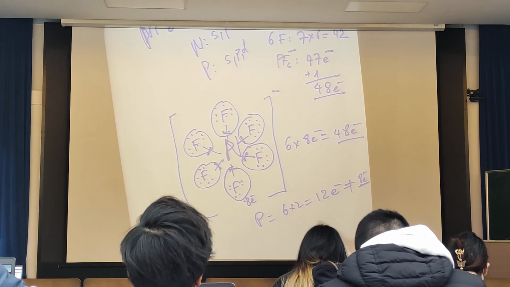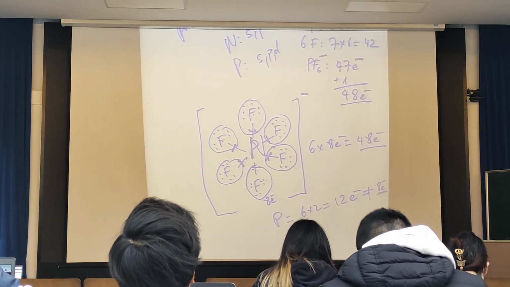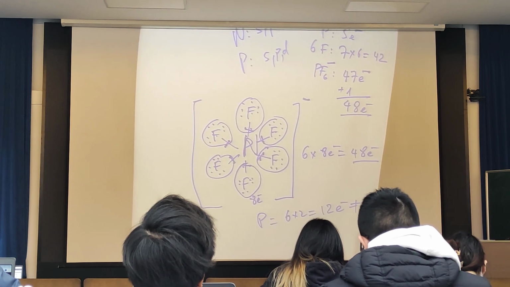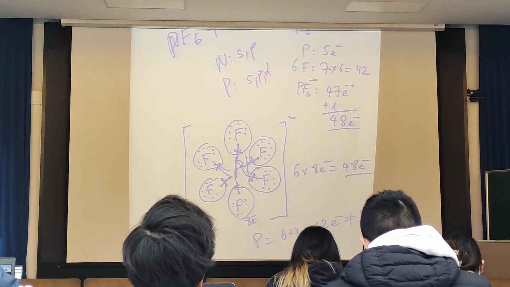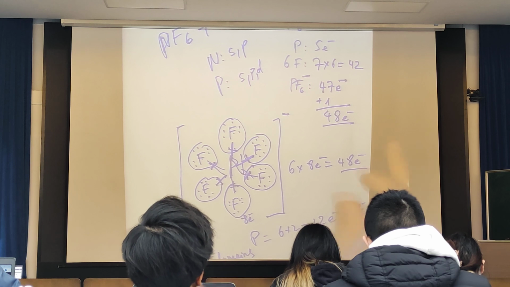Okay? Now, if you want to look for the geometry, you have to look at how many electron domains the phosphorus has. 1, 2, 3, 4, 5, 6. So you have 6 electron domains. Okay?